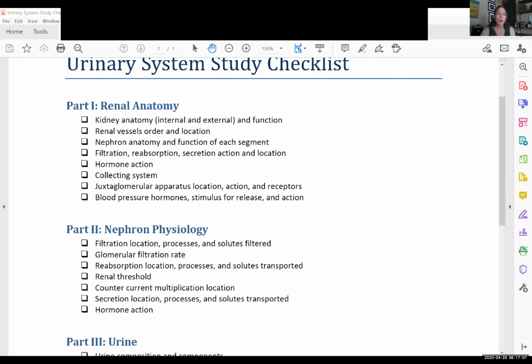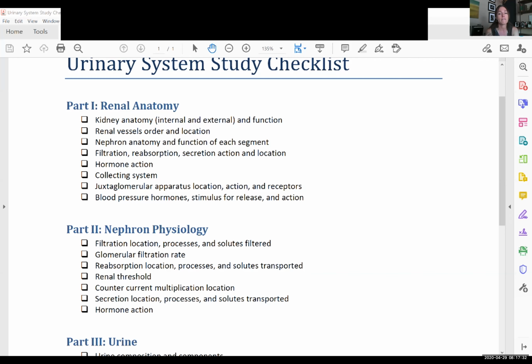And then right beyond that, once we've removed all of this really good stuff, as well as a bunch of nasty stuff, out of the blood into the tubules, the fluid is called filtrate. So now we've separated filtrate, that's within the tubules, versus the blood, which is in the vessel. So reabsorption takes place right away.